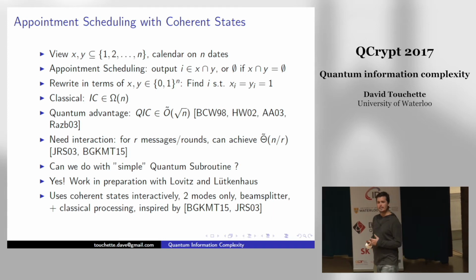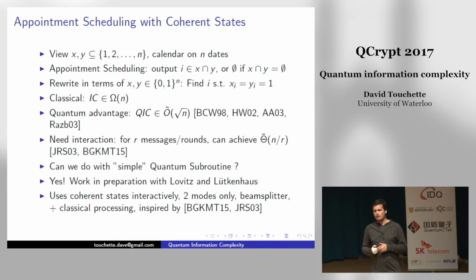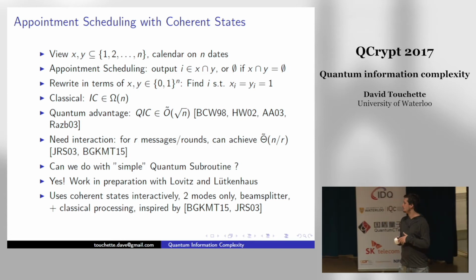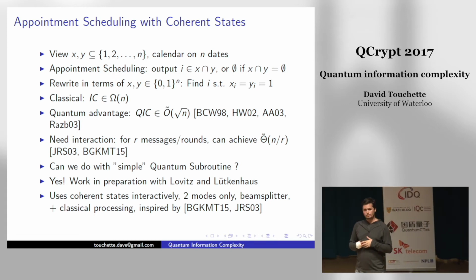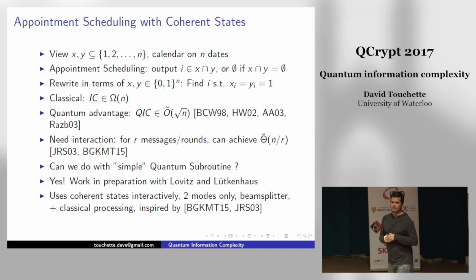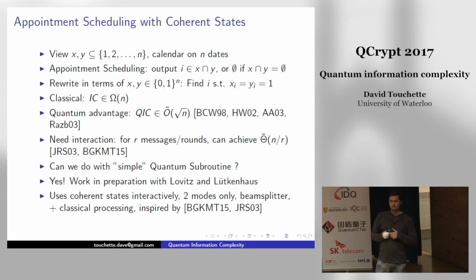And for this problem, essentially the best that a classical protocol can do is to reveal almost all of the information about their input. So classically, the information leakage for solving this problem is on the order of the input length. But then, quantumly, we can get a square root of n advantage by essentially using a distributed version of quantum search.